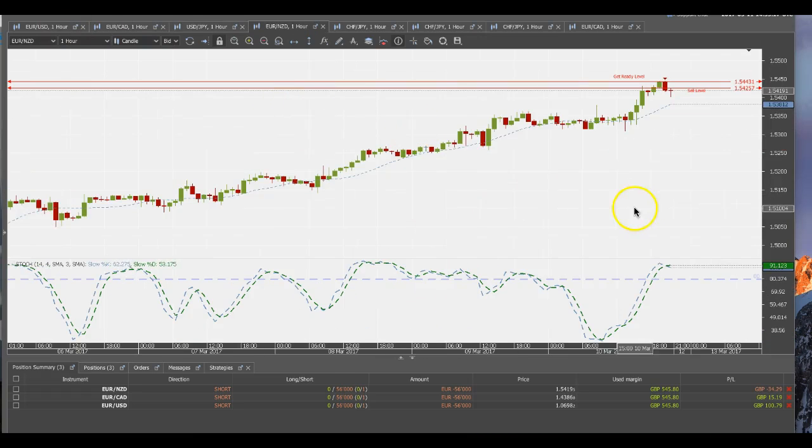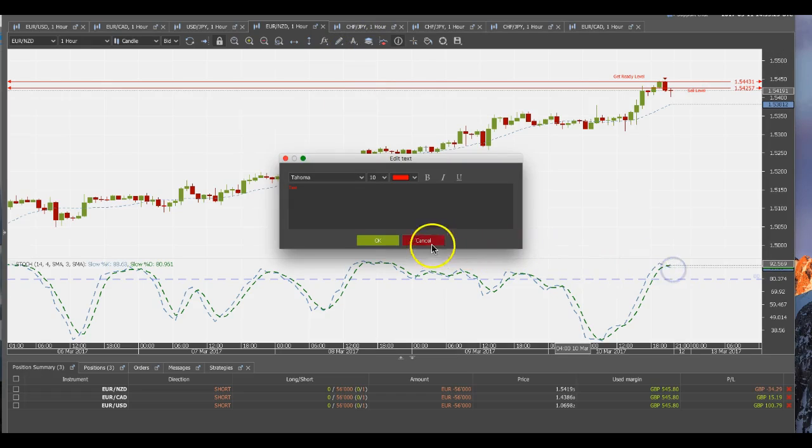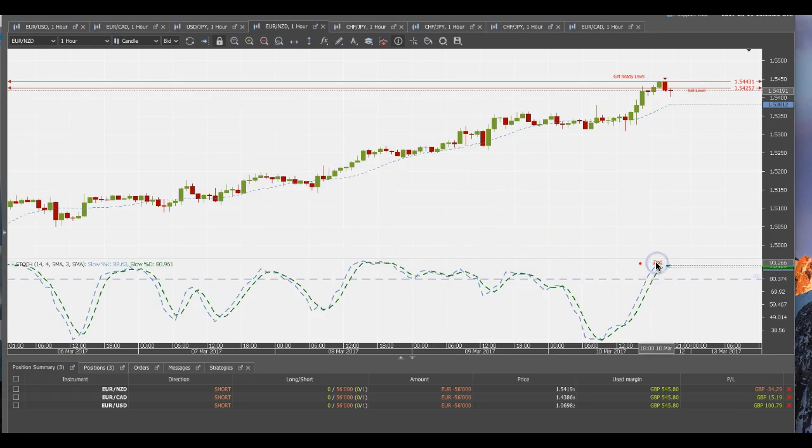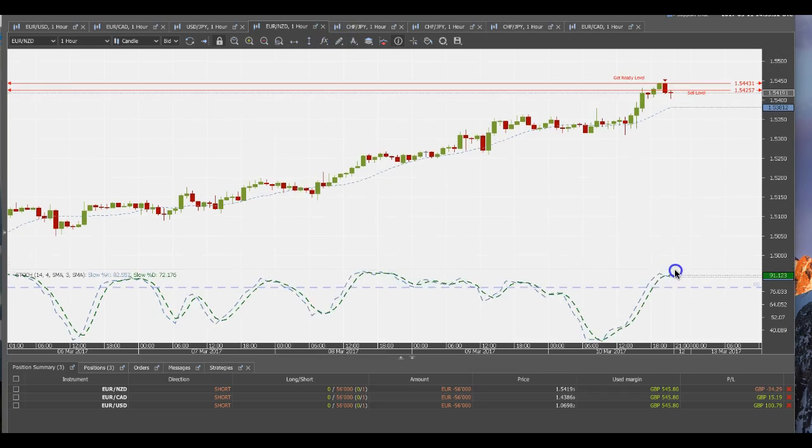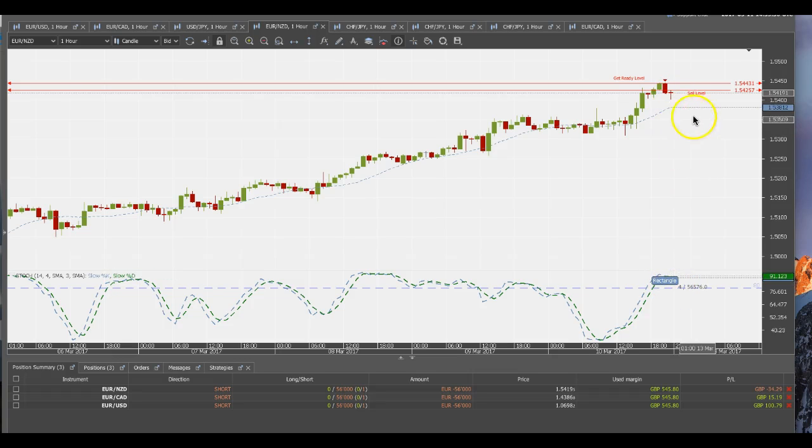This is the Euro New Zealand chart, and again, you need to qualify the trade. Make sure stochastics is overbought. Stochastics is overbought on this chart, and the advisory indicator is giving us a sell signal, and we have a bearish engulfing candle confirming this level of resistance.